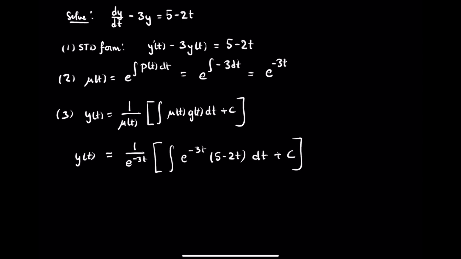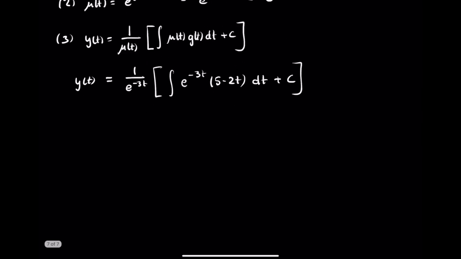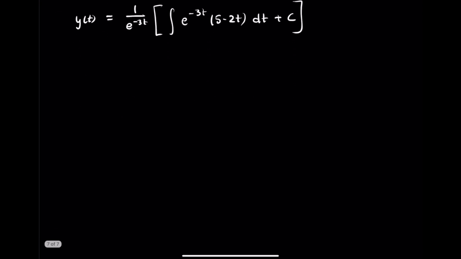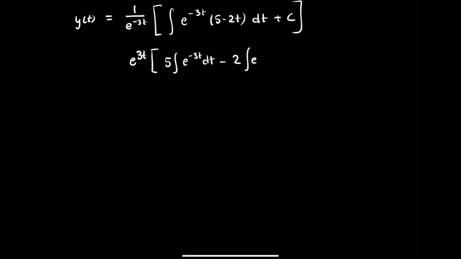This is your y(t). Now this is e to the 3t, and I'm going to expand this big integral into two integrals: 5 times the integral of e to the minus 3t dt, minus 2 times the integral of t e to the minus 3t dt, all in a big bracket plus c.